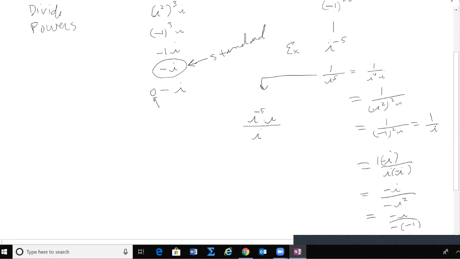Then that would give you i to the negative 4th over i. And that negative 4, still got to deal with that negative. It's not going to go away just because I did this, right? So maybe you try i to the negative. Well, let's forget that.